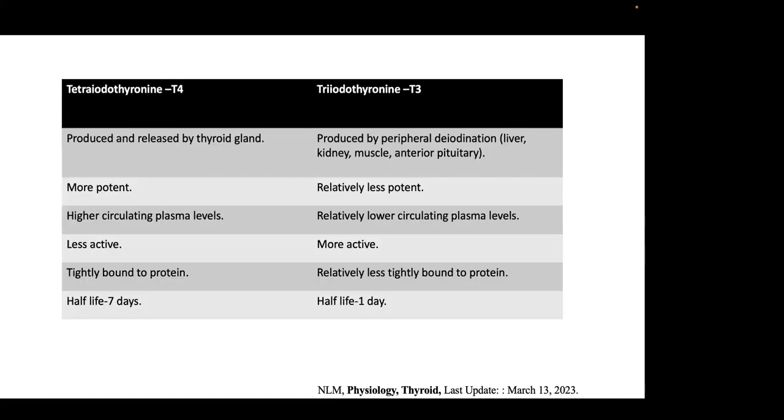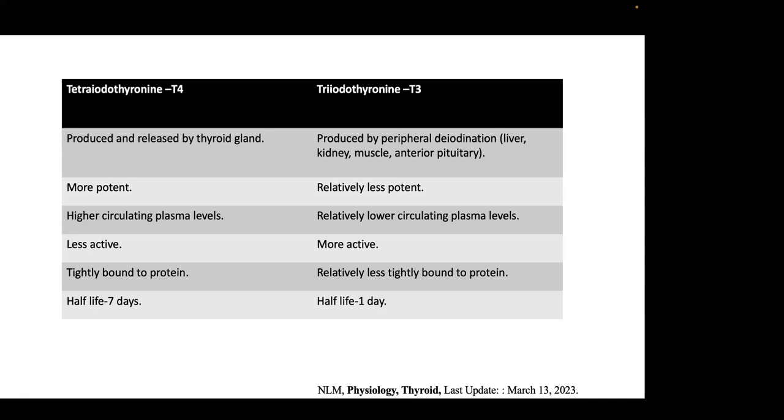Going ahead with the difference between T4 and T3. T4 is predominantly produced and released by the thyroid gland, whereas T3 is produced by peripheral deiodination in the liver, kidneys, or anterior pituitary.